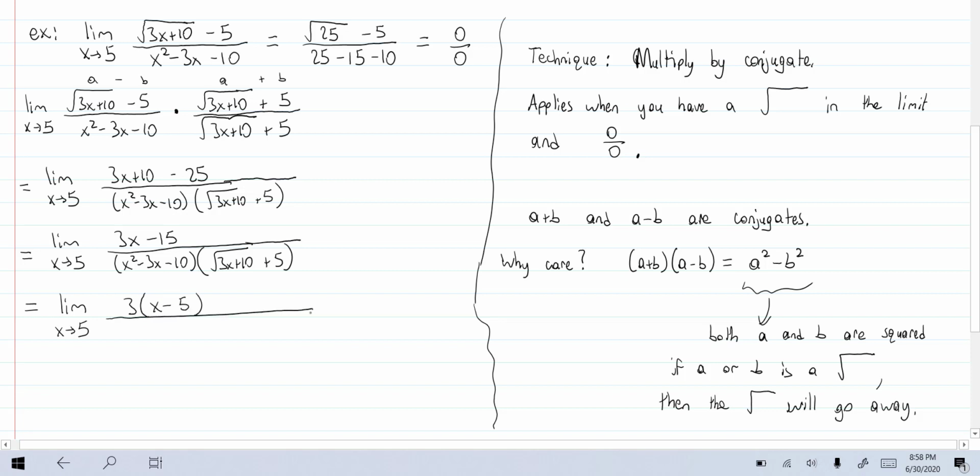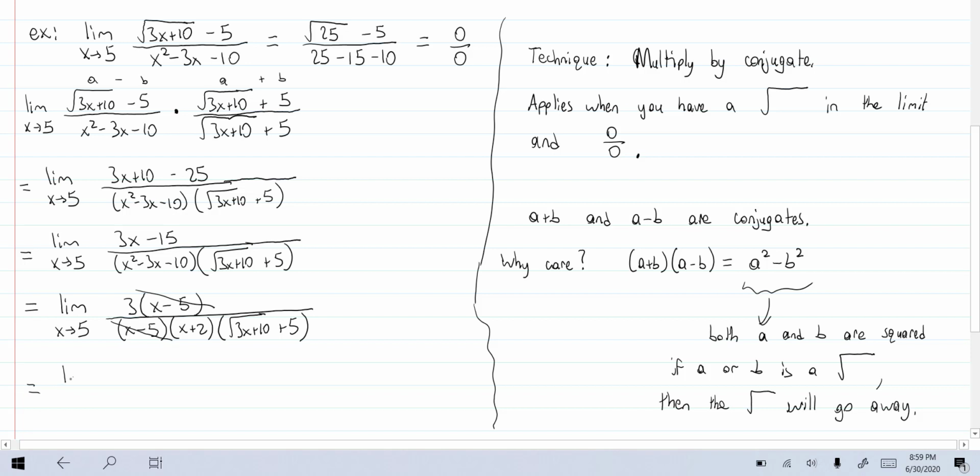In the denominator, x squared minus 3x minus 10, we can factor out an x minus 5, as well as an x plus 2. Okay. Then we still have this last term, which I'm just going to keep copying. Once we factor, we can cancel out what they have in common.